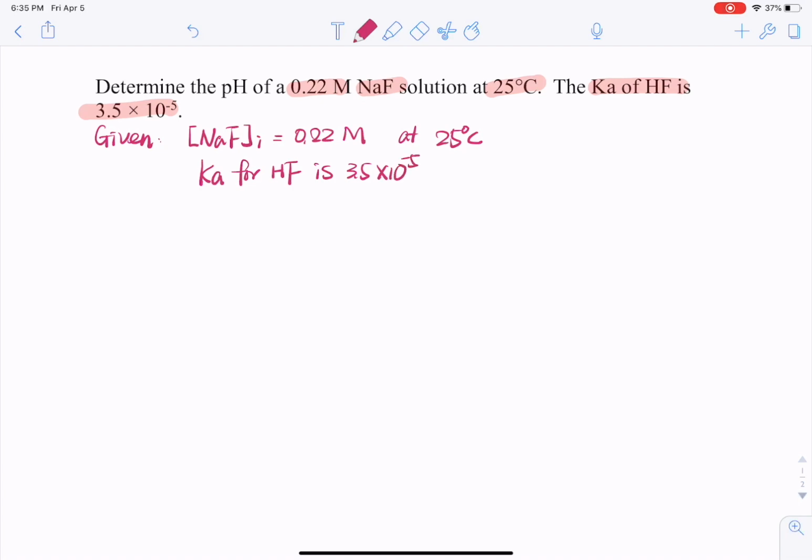Even if you didn't remember that hydrofluoric acid is a weak acid, since you have a Ka value and it's quite small, that should remind you hydrofluoric acid is a weak acid.